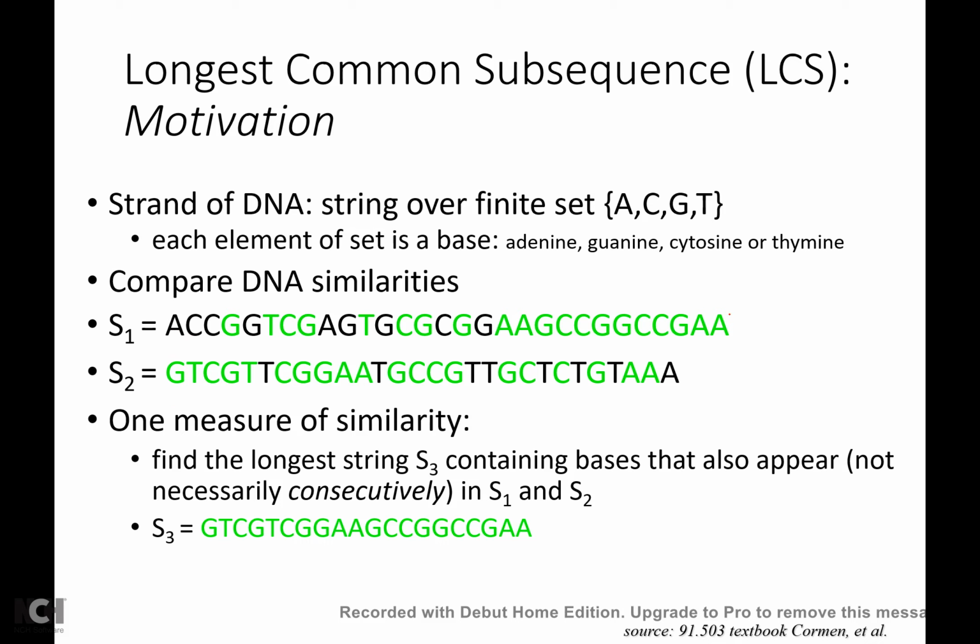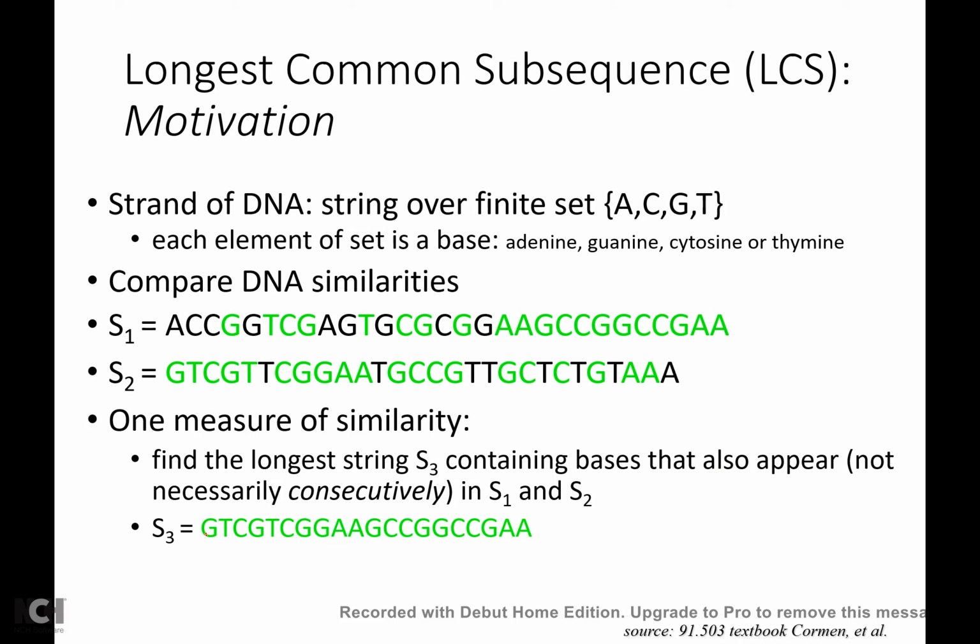This has a specific usage. For example, this DNA sequence corresponds to one species, and sequence 2 corresponds to another species. People want to check the evolutionary distance between the two species. In that case, it corresponds to sequence alignment, which means finding the longest string S3 containing bases that also appear in S1 and S2, and also making sure they follow the same order.